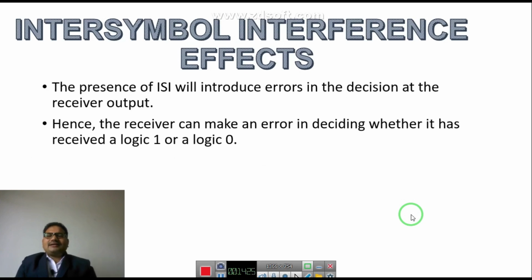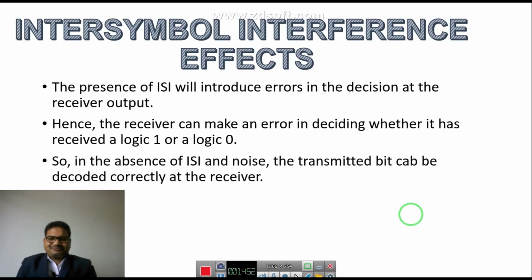Since the receiver can make an error in deciding whether it has received a logic 1 or logic 0, because if bit 0 is transmitted and bit 1 has been dispersed along its duration, then what is going to happen? The receiver can decide logic 1 instead of logic 0. So this problem would also happen with ISI.